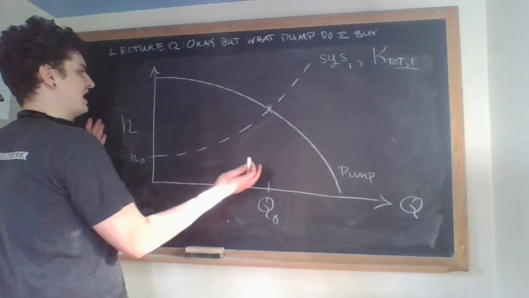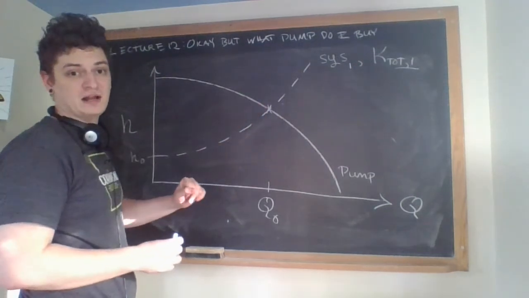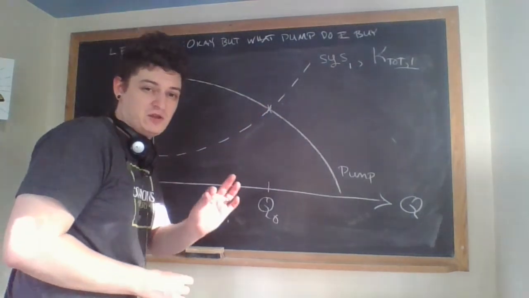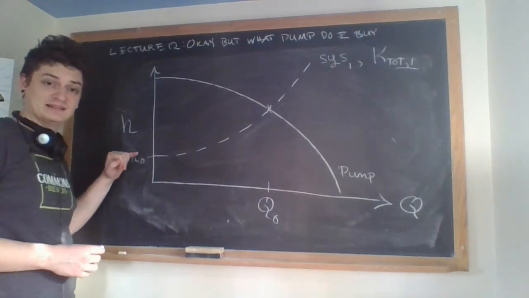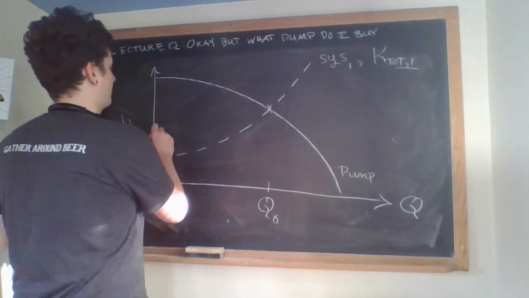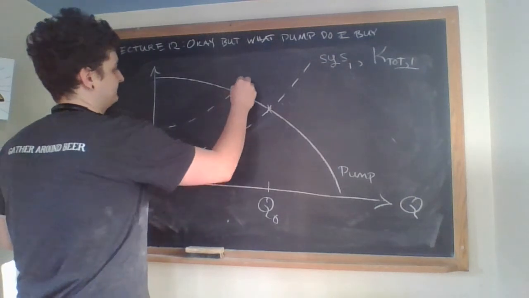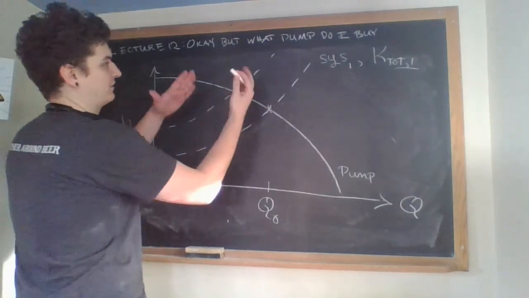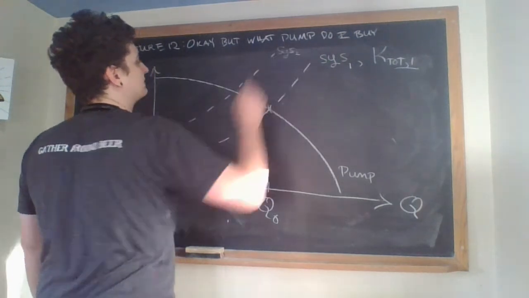So how do we change this? You have 2 ways to really change where this operating point is. You could lower or raise this initial head here, right? If I just take the exact same curve, so think of these as parallel, here's sys 2.